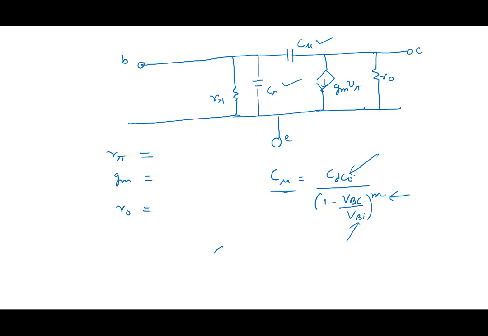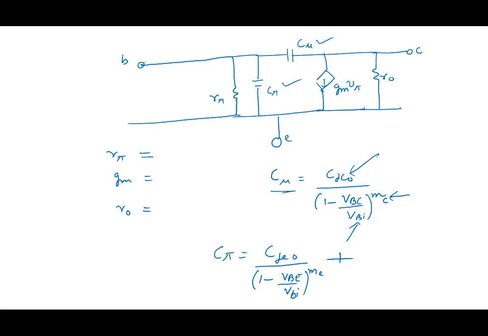C pi, on the other hand, will have a junction capacitance, CJE0. People may use slightly different terms, CJB, CBE and all that. 1 minus VBE over VBI to the power, if you want, you can call it ME. So that's the junction capacitance. And then there is the diffusion capacitance. Do you recall diffusion capacitance? What was it?